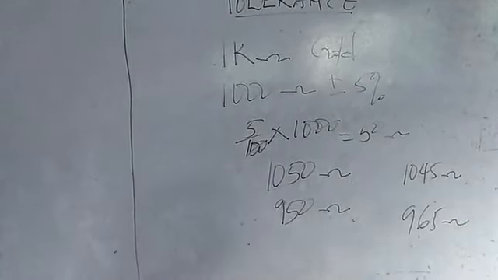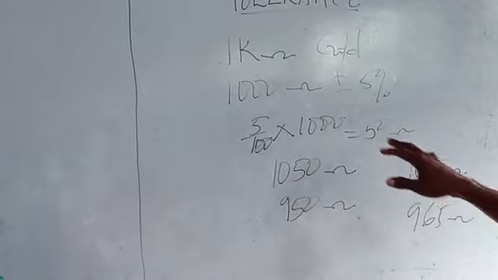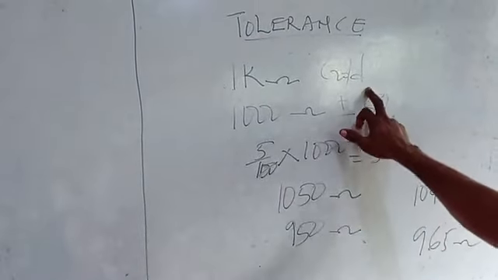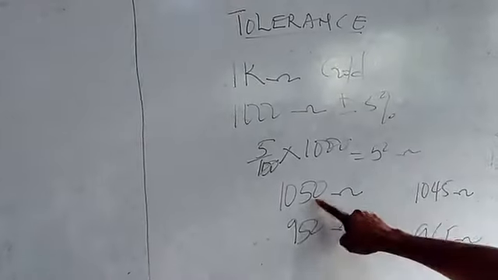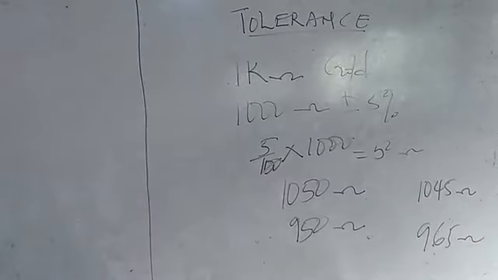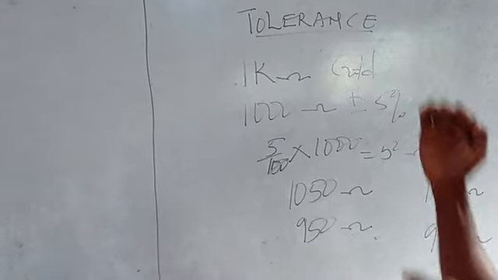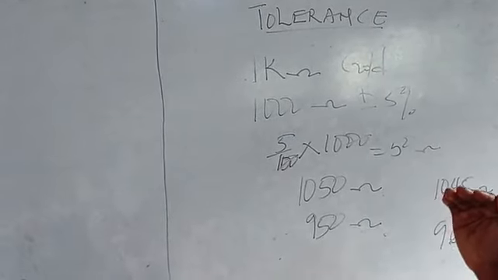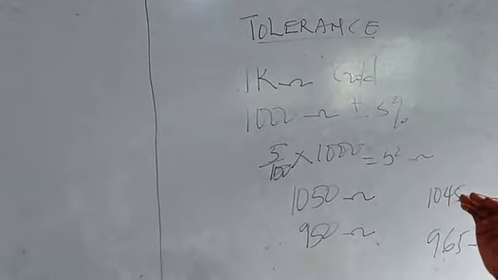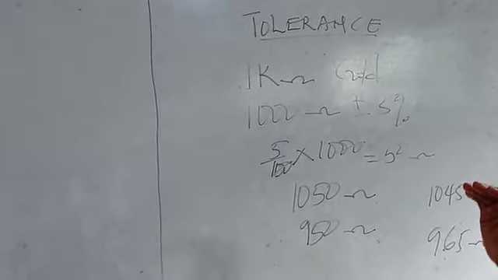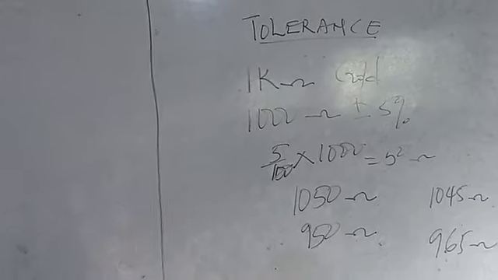If you have a 1,000 ohm resistor with this tolerance, we can use it because it can still perform up to 1,050 ohms. That's what tolerance means. Tolerance is just giving us the highest and lowest values that the resistor can be used for. That's the meaning of tolerance.